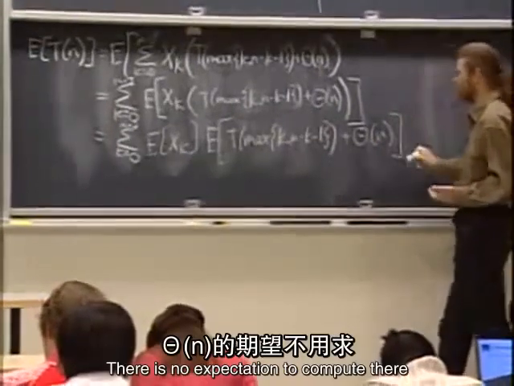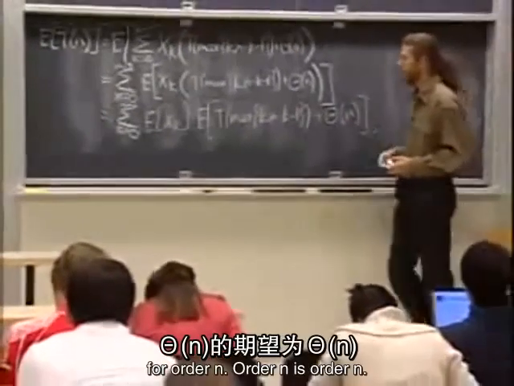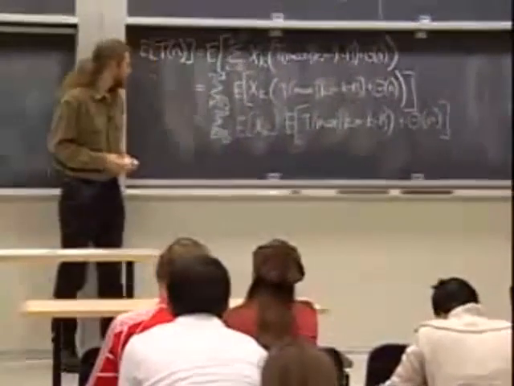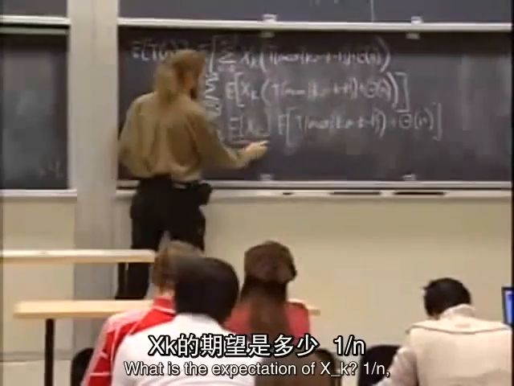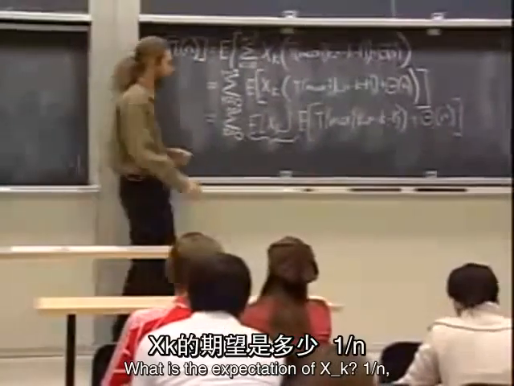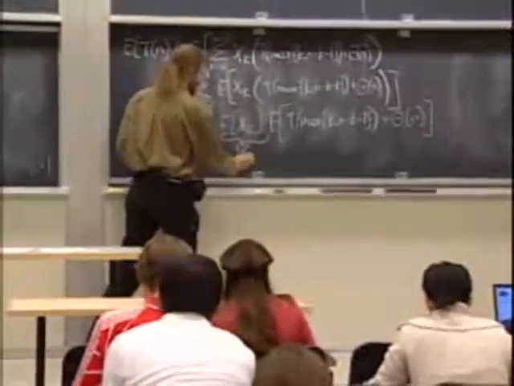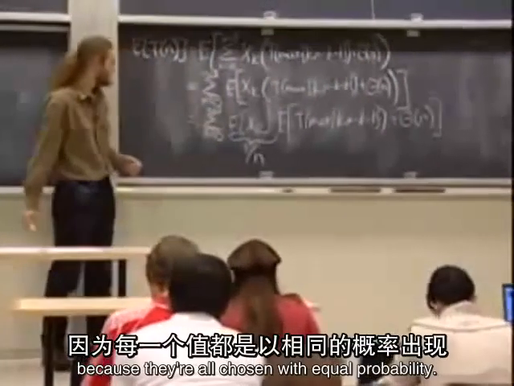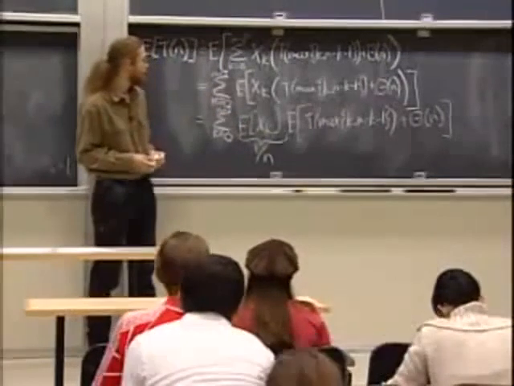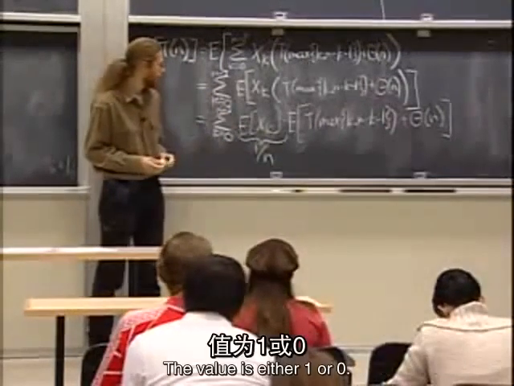There's no expectation to compute there for order n. Order n is order n. Okay, what is the expectation of X_k? 1 over n. Because they're all chosen with equal probability. There's n of them, so the expectation is 1 over n. So the value is either 1 or 0.